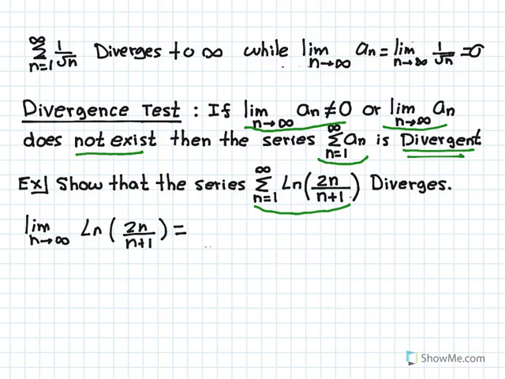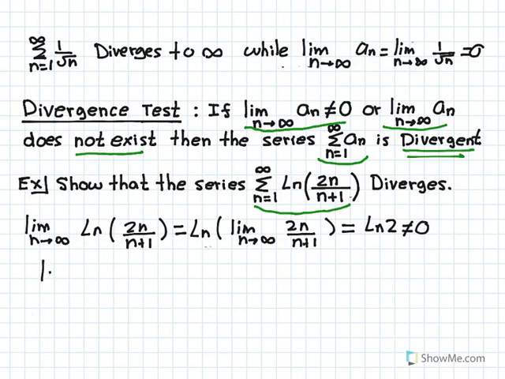Bring the limit inside the bracket, so we get log of the limit as n goes to infinity of 2n divided by n plus 1. Divide by the highest power and take the limit as n goes to infinity, and we get log of 2. The limit of the nth term is log 2, which is not equal to 0.